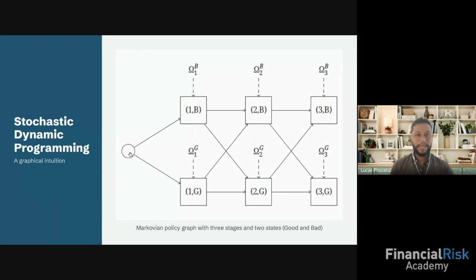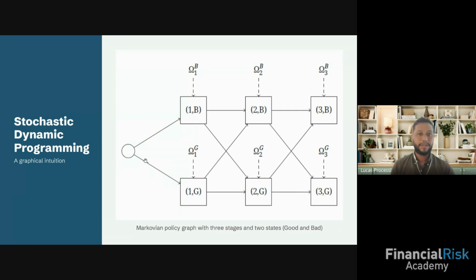And the problem here is to project the balance sheet and project all financial statements for 3 periods, right? So we have three different stages of decision, but we also have, in this case, what we call a Markov chain. We have also different status of the economy, right? So the status could be bad and good, right?